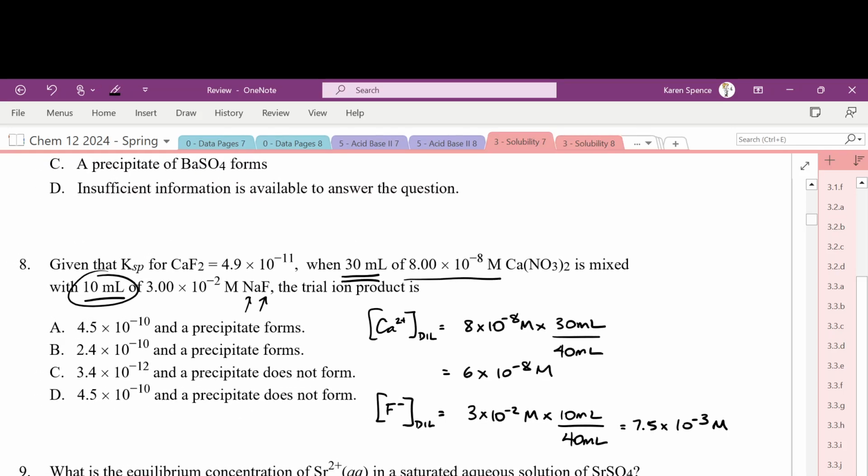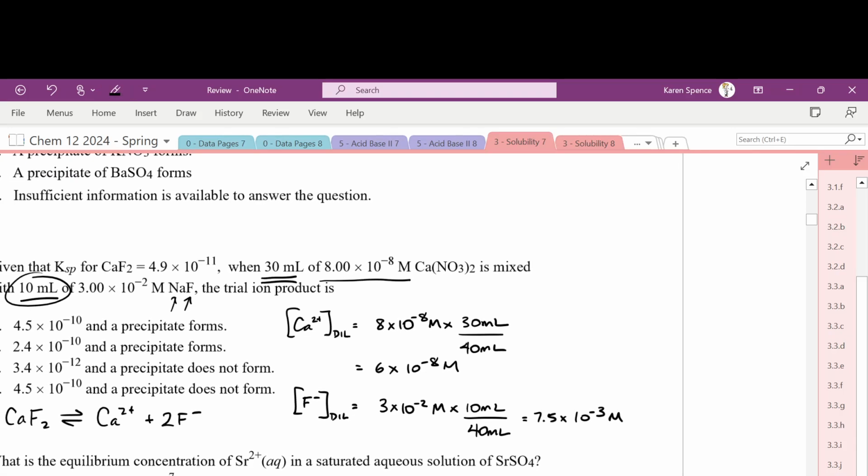Calcium fluoride is a 2-to-1 salt, CaF2, Ca2 plus 2F minus. So our KSP then will be calcium times fluoride, and my concentration of calcium is 6 times 10 to the minus 8.